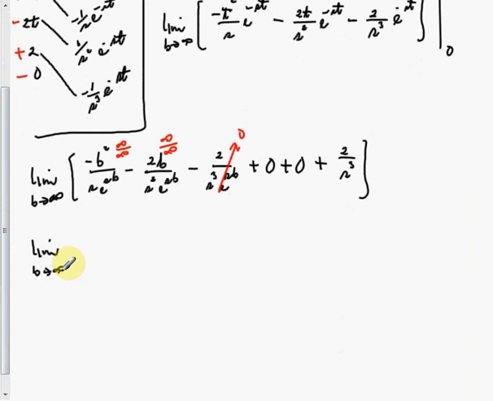And if you want to impress me on the test, this is fine: by saying, applying L'Hopital's rule twice, we get 0. Just say that, and just put 0 there. I'm fine with that. If you understand what's going on, there's no sense in having to keep writing this over and over again.